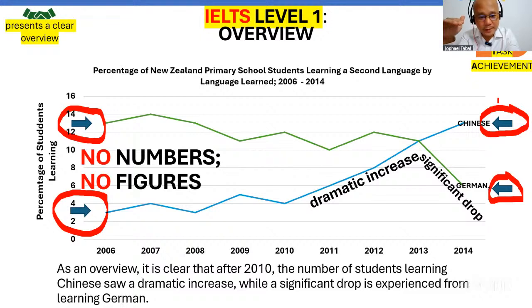So that's how we identify a clear trend, or overview, in a data essay. We just have to check the most obvious trends. For example, in data essays we should consider things like a significant increase, a significant decrease, the highest point, the lowest point, clear fluctuations, and so on.